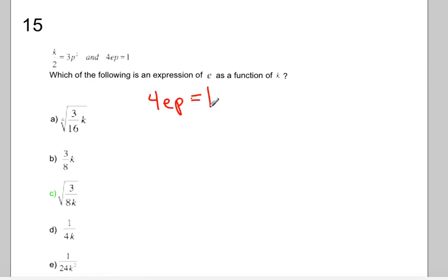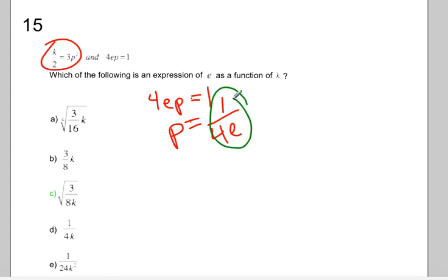So I need to get p by itself so that whatever p is equal to, I can substitute it into that equation. So all I need to do is divide by 4e. So I'm going to get p is equal to 1 over 4e. And now instead of saying p right there, I can say 1 over 4e and substitute it in for that p right there.